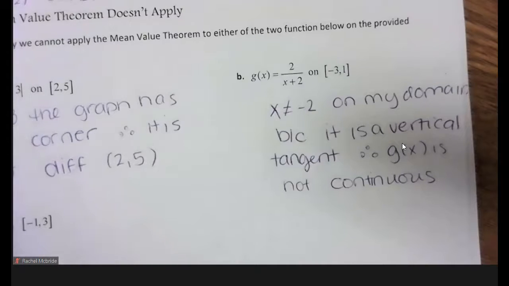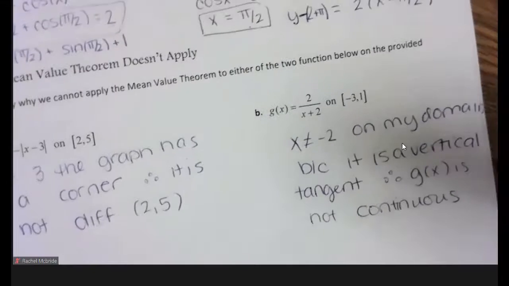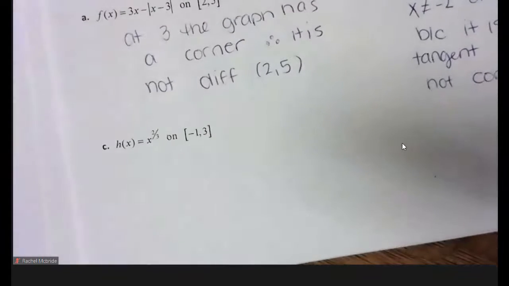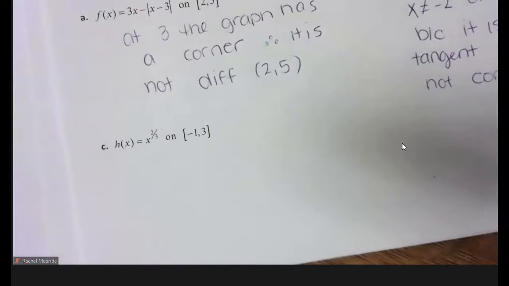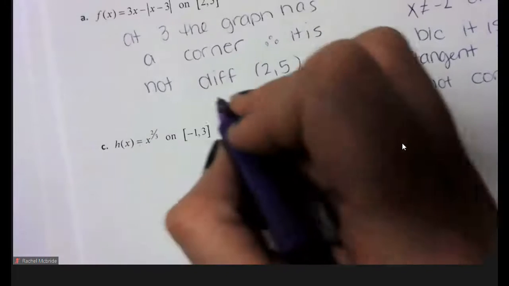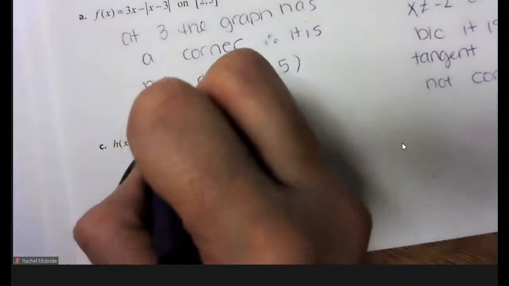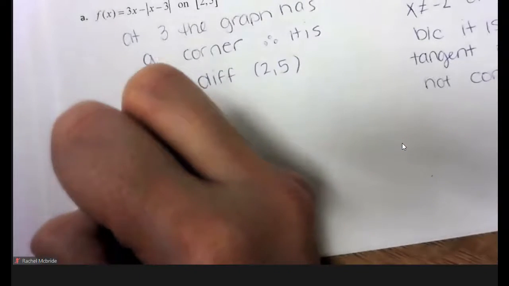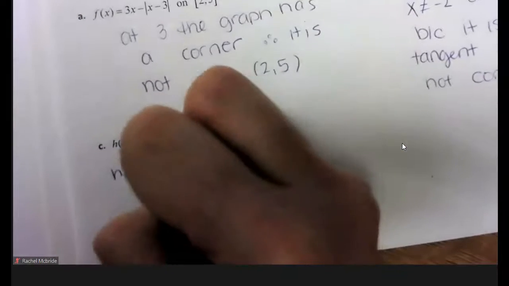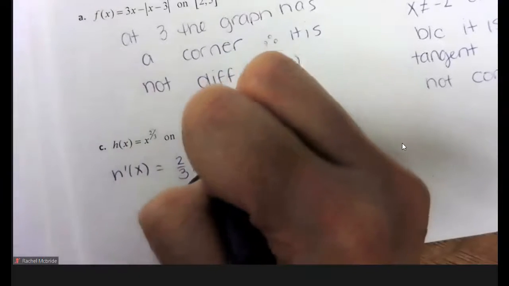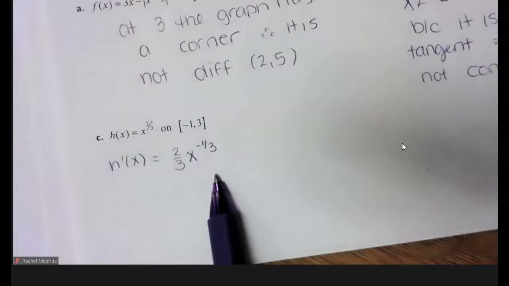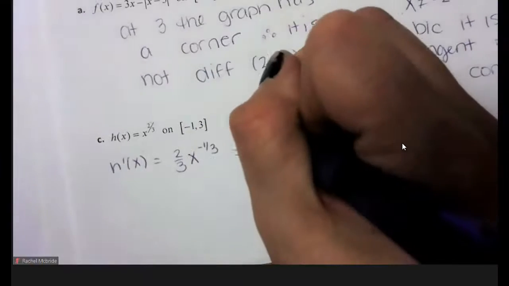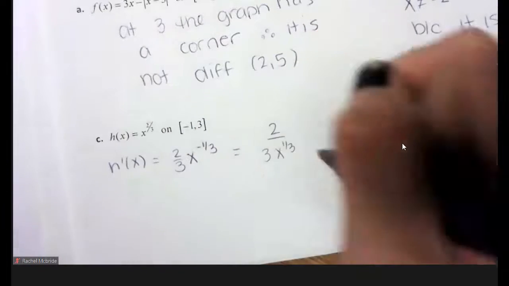Okay, and then the last one. X equals 2/3. That's our graph that has what type of shape? It kind of looks like the bird. A cusp. Where's my cusp going to occur? When you take your derivative, you get 2/3 x to the negative 1/3, which means my x variable drops down to my denominator.